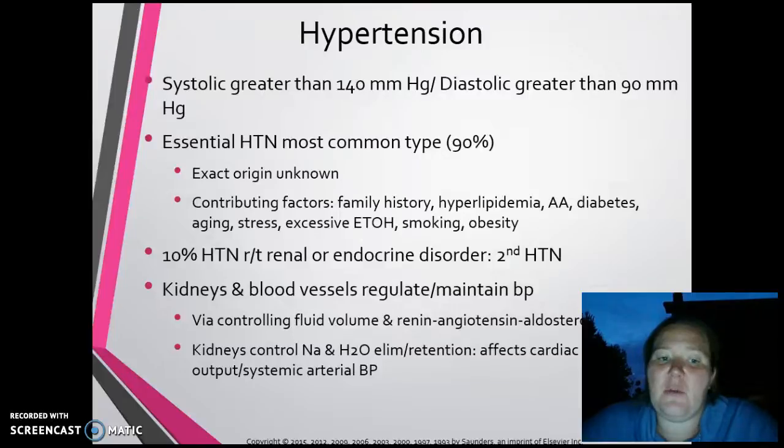10% of hypertension is related to renal or endocrine disorders. Kidneys and blood vessels regulate and maintain blood pressure via controlling fluid volume and the renin-angiotensin-aldosterone system, and the kidney controls sodium and water elimination and retention, which affects cardiac output and systemic arterial pressure.